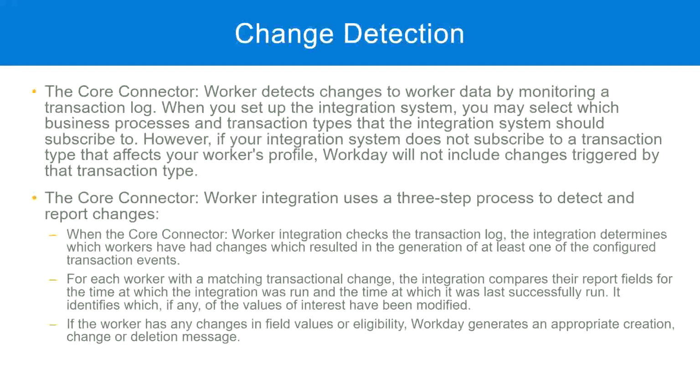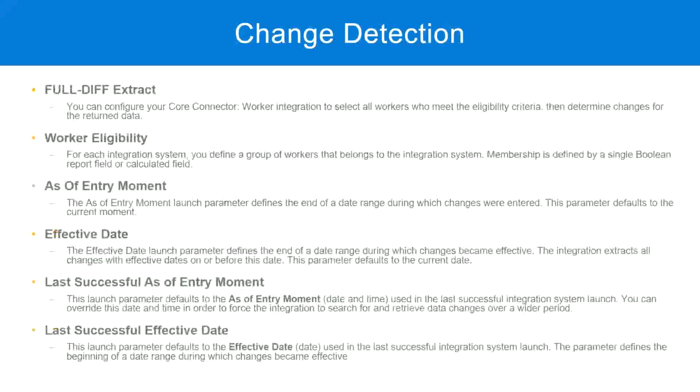But to actually do this change detection, Workday makes use of certain fields. These are some parameters that we will see in our integration. First is the full diff extract. You can configure the Workday Core Connector to select all workers who meet the eligibility criteria and then determine changes for the returned data.